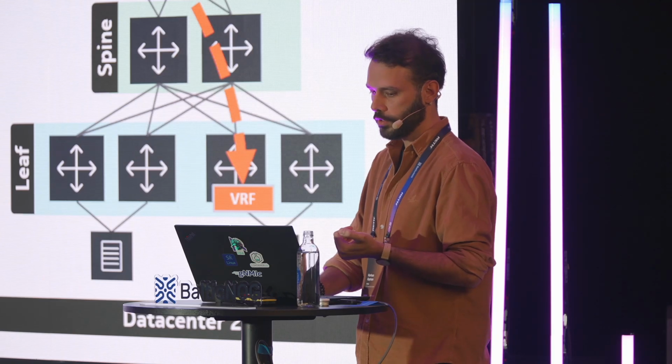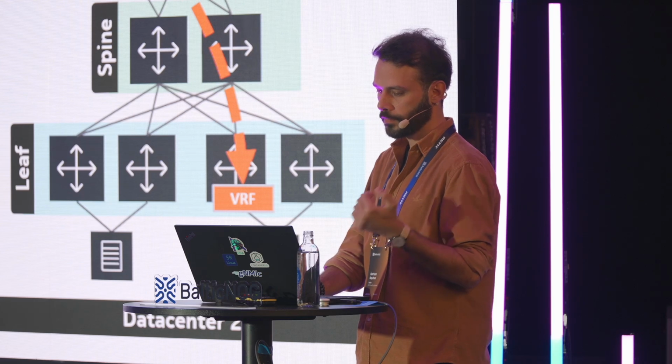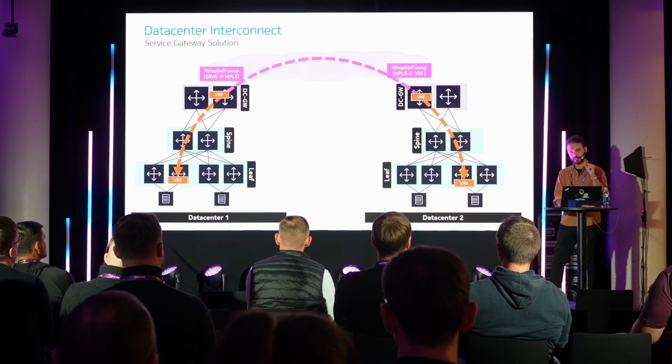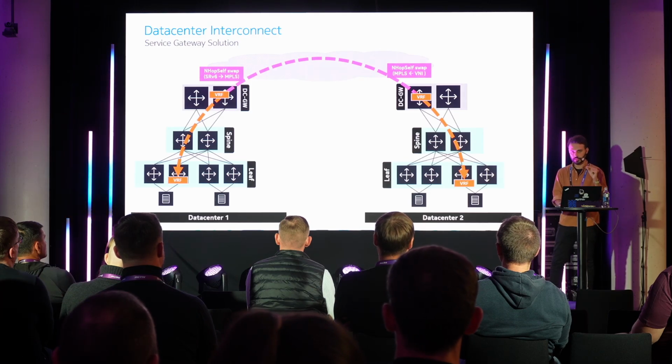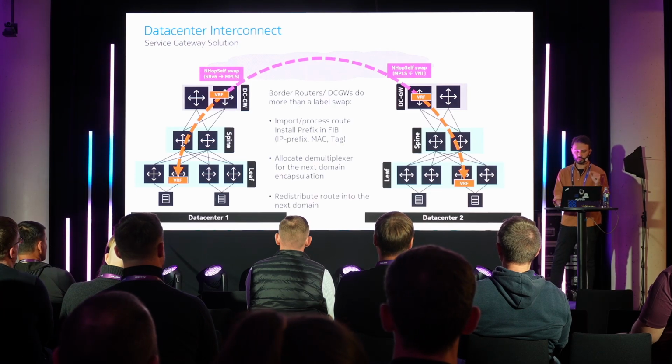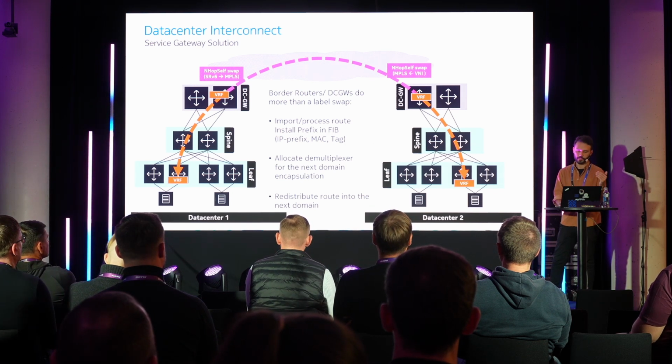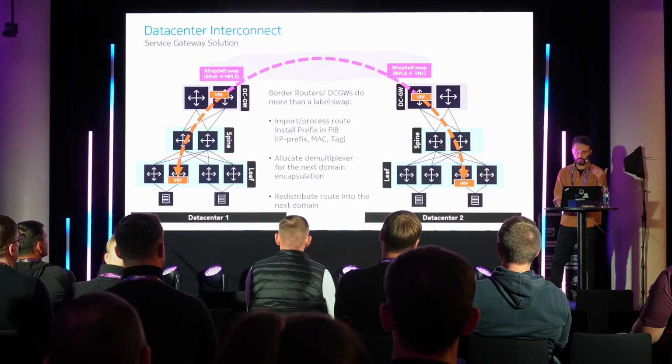Then we have a solution for that, the service gateway solution. In this case, it's a similar design, but we instantiate a VRF on the data center gateway or the router. They import and process the route. They install the prefix in the FIB, either IP prefix, MAC address, tags, and keep the communities.